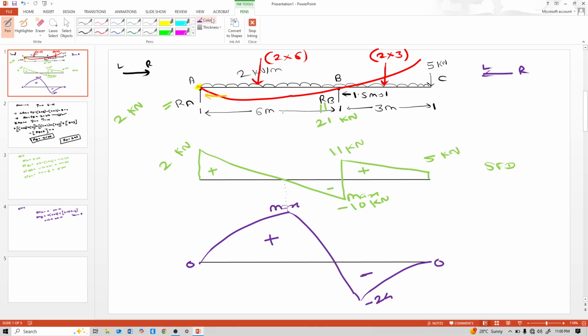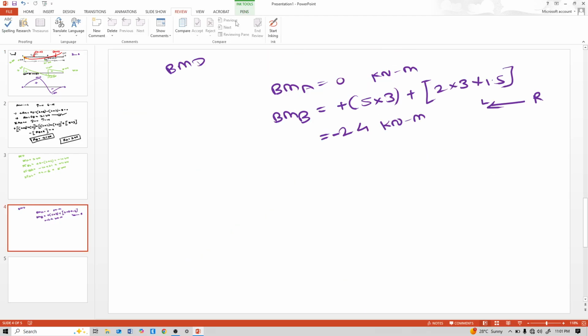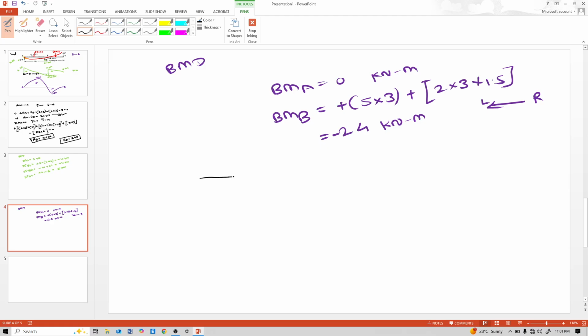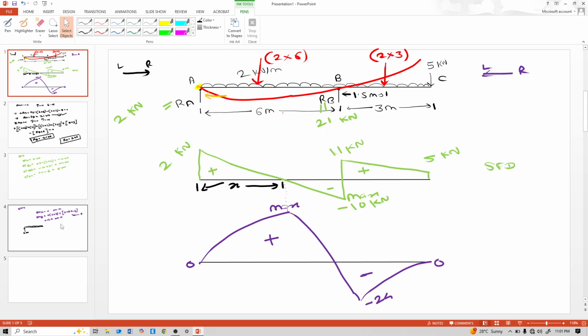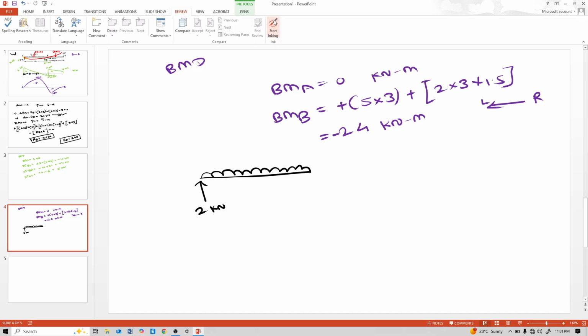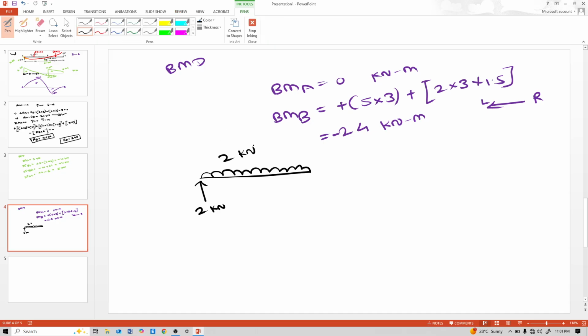Now calculate maximum bending moment. Where moment is maximum, shear force is 0. So this is 2 kilonewton. This is 2 kilonewton per meter. This is x.